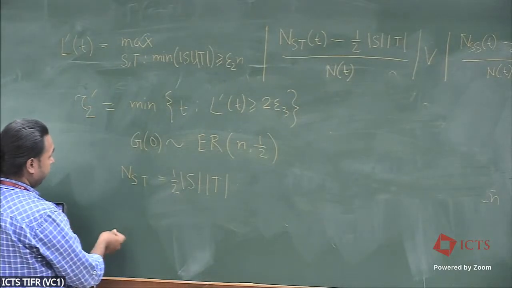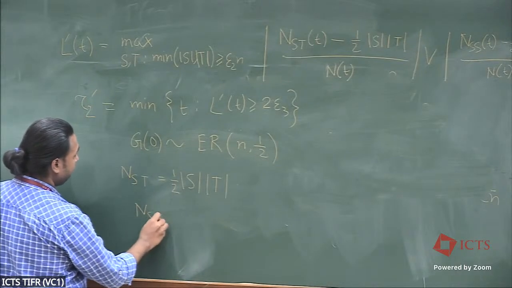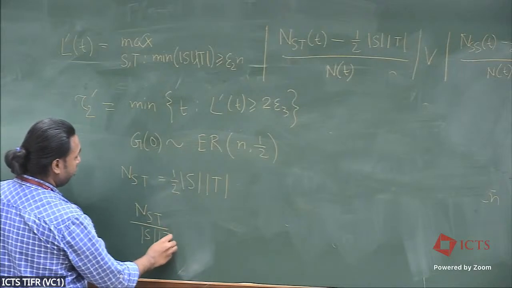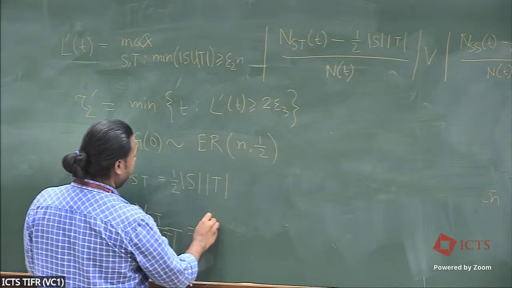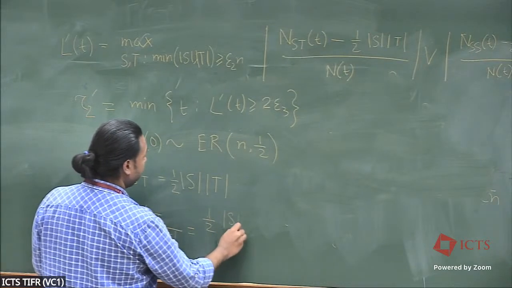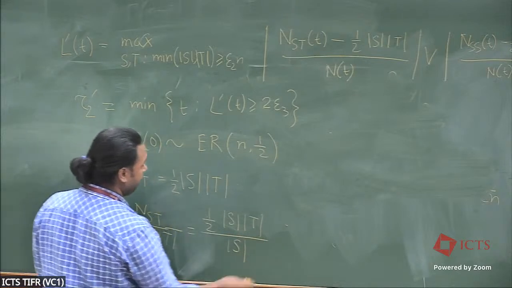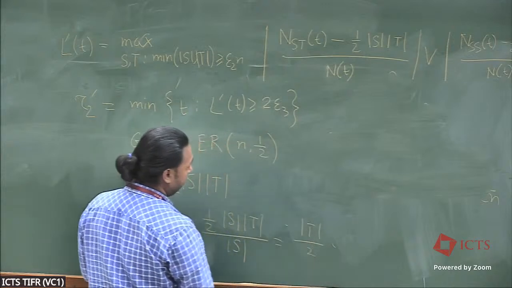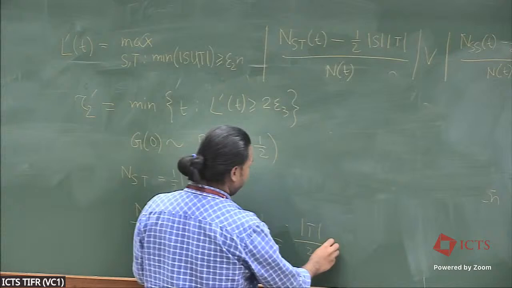And then the Cheeger constant, N(S,T) divided by |S||T|, will be half times |S| times |T| by 2, right?